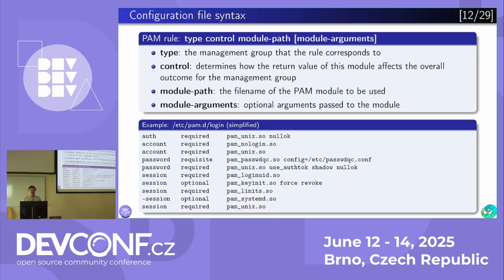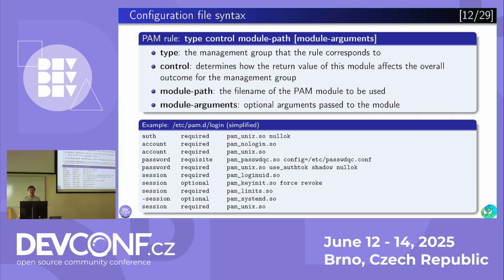So let's talk about configuration file syntax, because it's the most mysterious part of Linux-PAM. So I'll be talking mostly about this today. As you could guess, the configuration file consists of lines. And every line has very specific syntax. It has three mandatory fields and one optional.